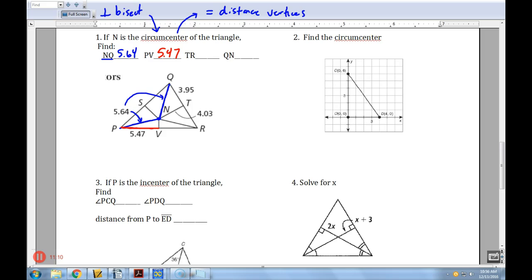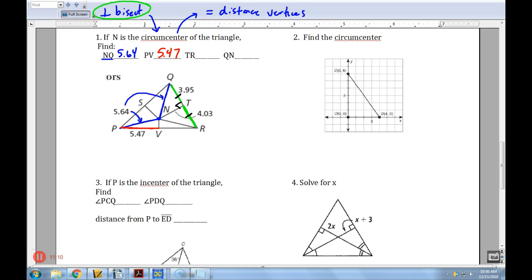How about TR? Well, TR is the distance from here to here. Now, there's no number there that represents TR, but when I look to the other side, QT, I do have a distance there. And because I know that the perpendicular bisectors are the ones that created point N, I know that this side right here must be equal to this side at 90 degrees because TN was a perpendicular bisector.